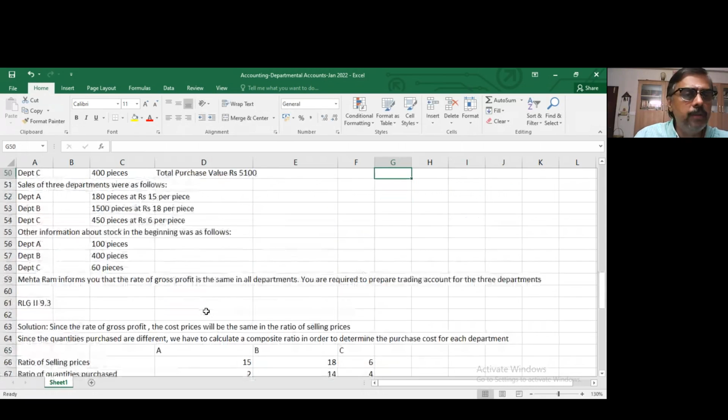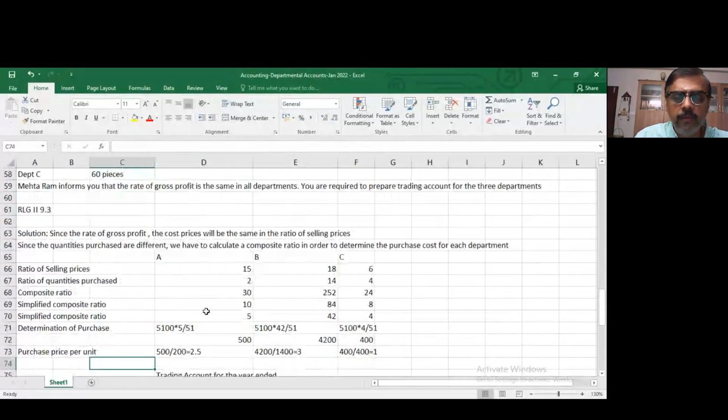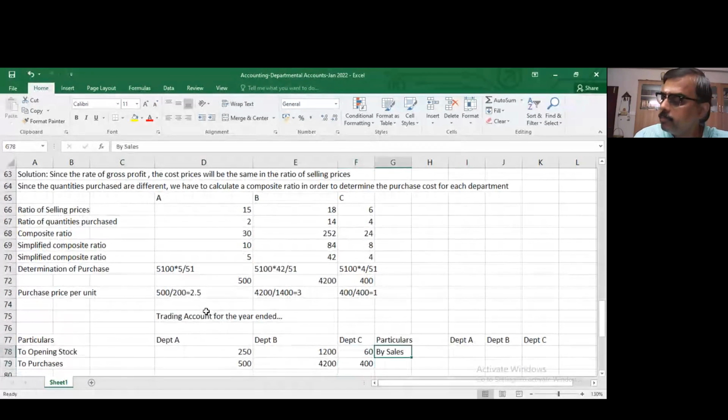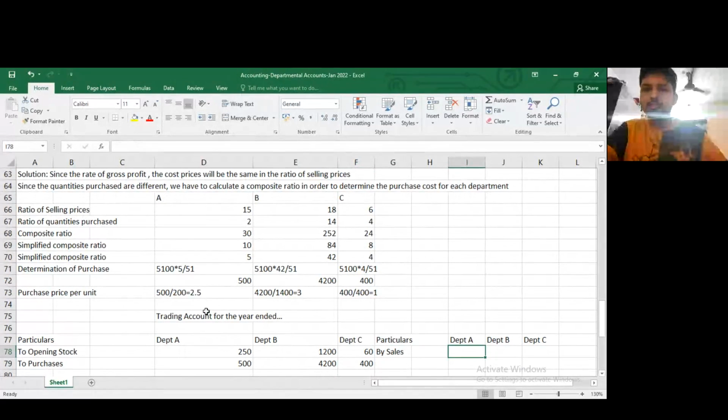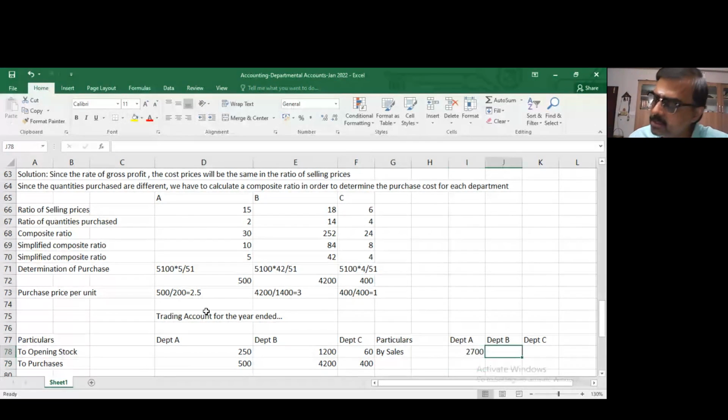How many units are sold? 180 pieces at 15. 180 into 15 is 2,700. For department B, sales is 1,500 into 18. How much is 1,500 into 18? We get 27,000. For department C, sales value is 450 into 6.